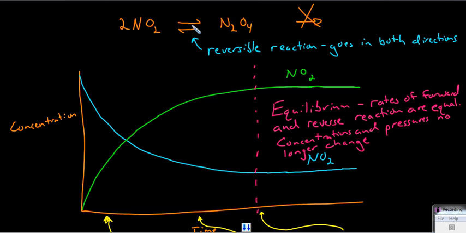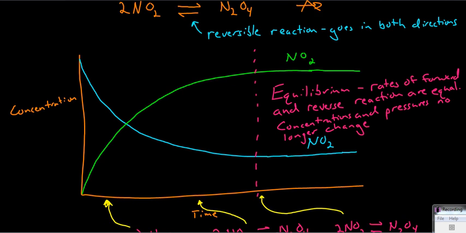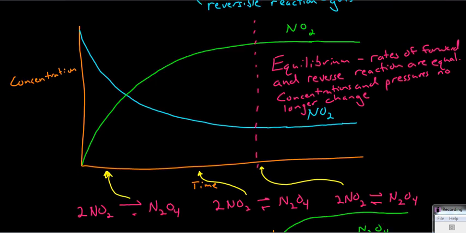So double arrows here imply that this definitely is a reversible reaction. That reaction can go in both directions, from reactants into products, but also from the products back into reactants. Now, the reversibility of reactions has important implications for the concentrations after some amount of time.